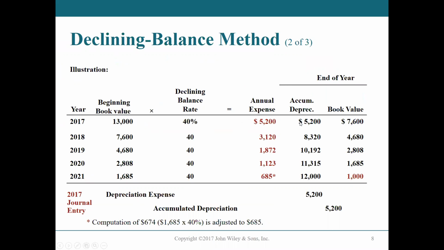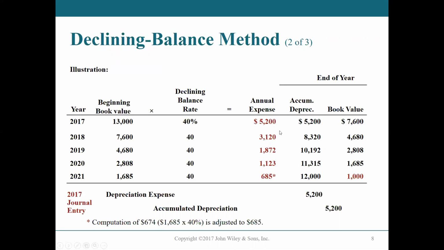Okay, so in the second year, we start with our beginning book value, which will be the same as what it was at the end of last year. Then we multiply that by the same rate, 40%, and that gives us our expense for that year. So the reason it's called the declining balance method is we're applying this rate to the book value as it declines.